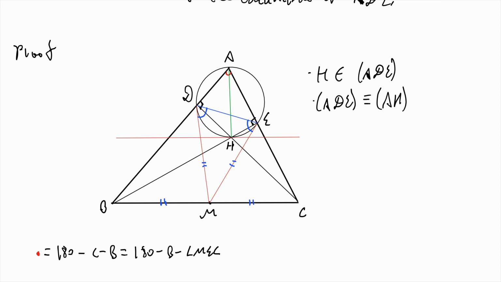Okay, let's call this angle, no, should we just call it alpha? If this is alpha, obviously this is alpha, same chord. Okay, so if this is alpha, then what else do we know?